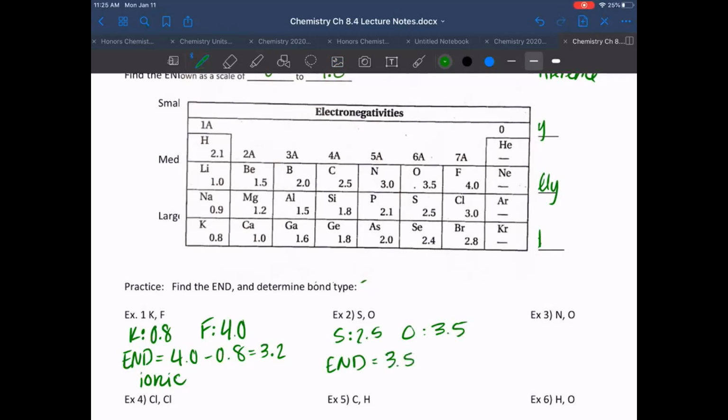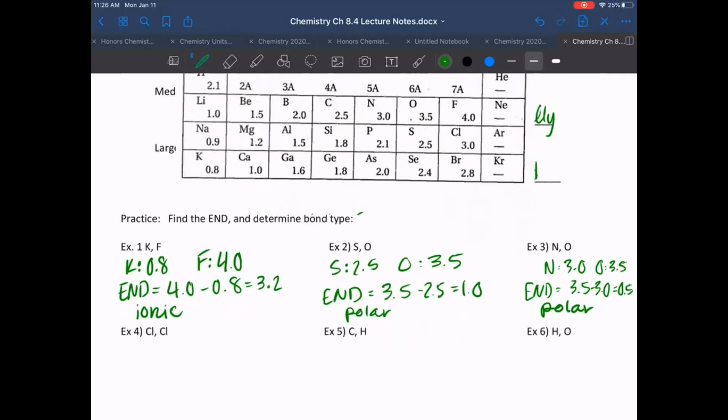So 3.5 minus 2.5 is equal to 1.0, or polar. Nitrogen has 3.0. We just said that oxygen was 3.5. So our difference is equal to 3.5 minus 3.0, or 0.5. Is this nonpolar or polar? It is polar. Right on the edge there.